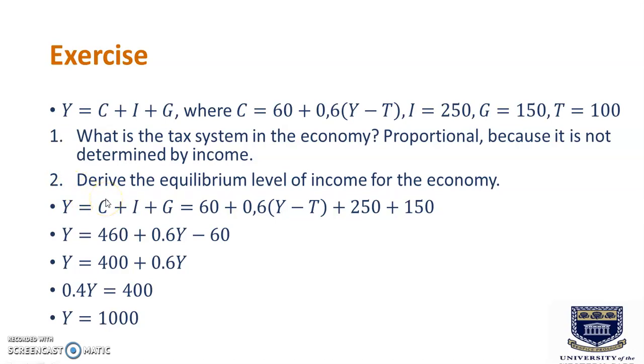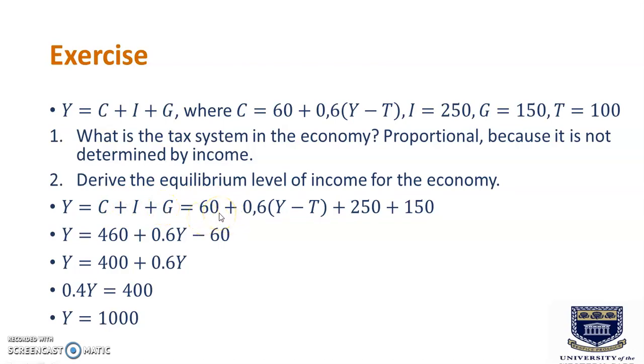And we know that A, which is our aggregate spending, is given by C plus I plus G. Hence, Y would be equal to C plus I plus G. Now we can substitute the function that we were given for consumption spending, 250 for investment spending, and 150 for government spending. So we've substituted those components for these symbols. Now we can go ahead and solve.